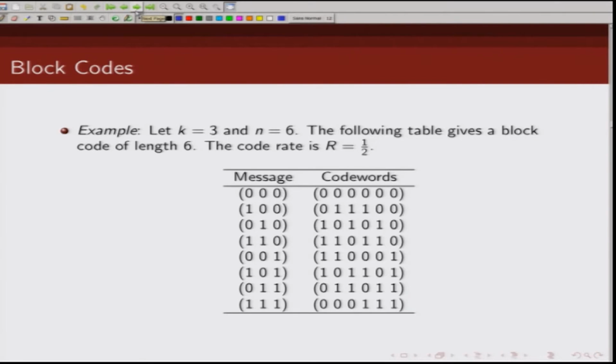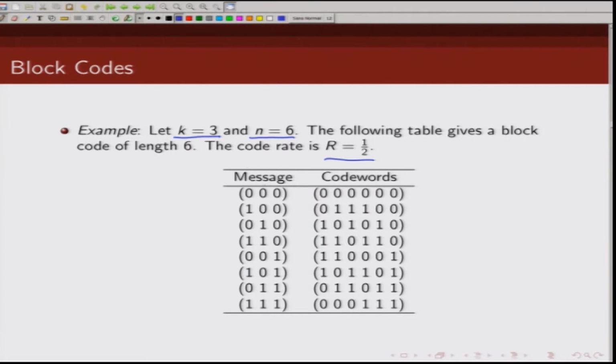Let us consider an example of a linear block code. In this example, the number of information bits is 3 and the number of coded bits is 6. So, the code rate, the ratio of information bits to coded bits, is 3 by 6, which is half.